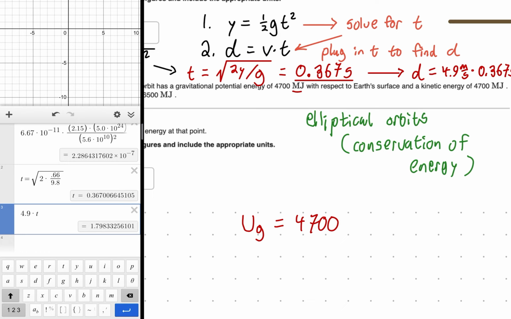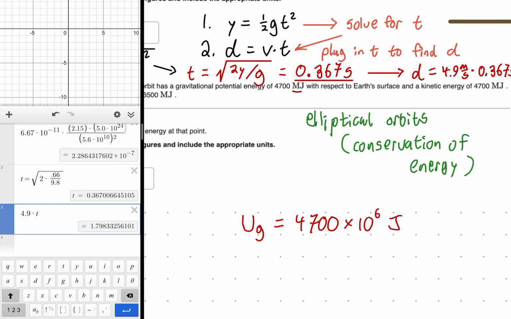You can easily look these up online. They're also referenced in the textbook. In this case, uppercase M is a mega. You read it as a megajoule, and it's a million. So it'd be 4,700 times 10 to the 6 joules.